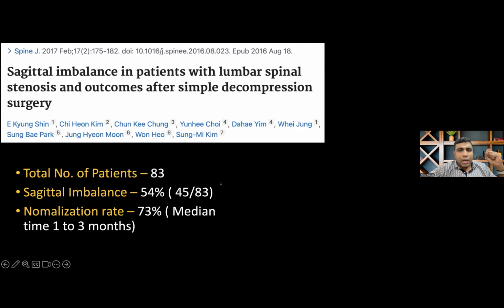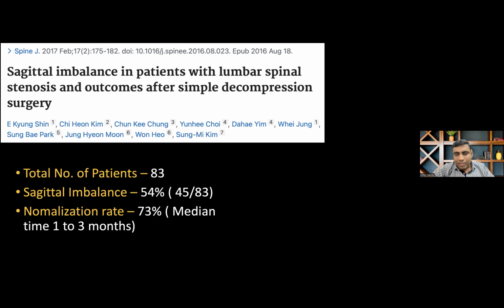Again, there are some studies on deciding whether a patient, when he presents, requires a fixation or a single level decompression can be enough. We know that the majority of these lumbar canal stenosis patients will be stooping forward. Because of this stoop, you may be confused, thinking that since they are stooped forward, maybe they will require a fixation to correct the kyphosis.